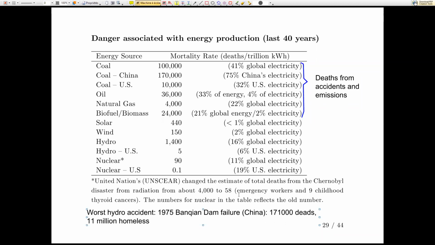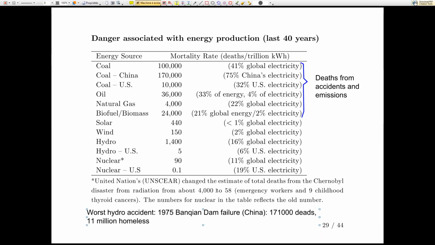But it's very difficult to estimate how many cancers were caused by the tragedy. Up to recently, they were using an estimation of 4,000 people, maybe.